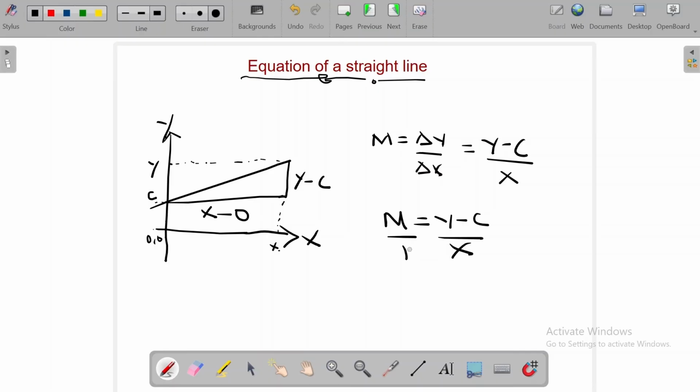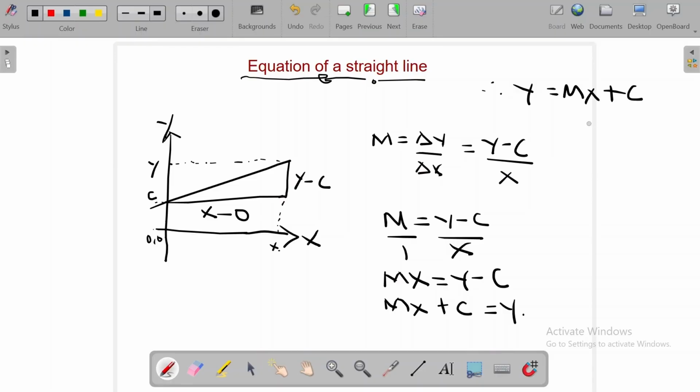If you cross multiply, you have mx is equal to y minus c. Make y the subject of the formula, and it becomes mx plus c is equal to y. So y is equal to mx plus c, where m is the slope.